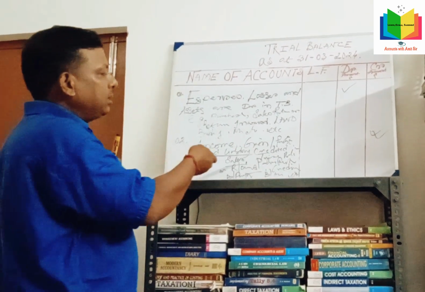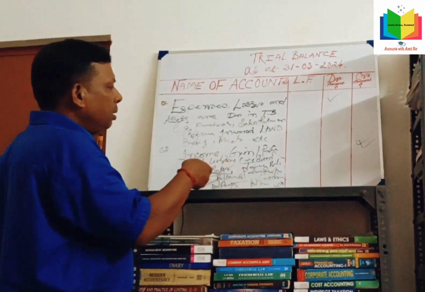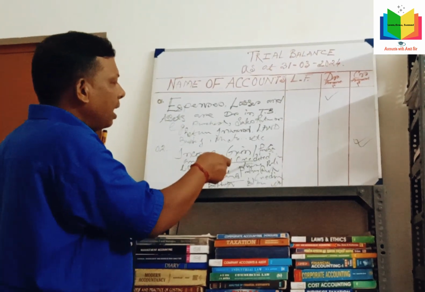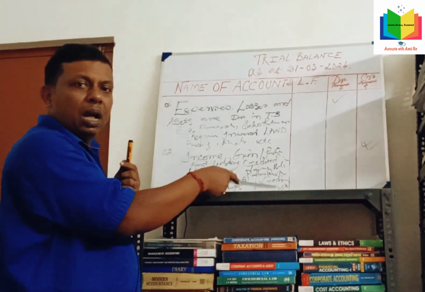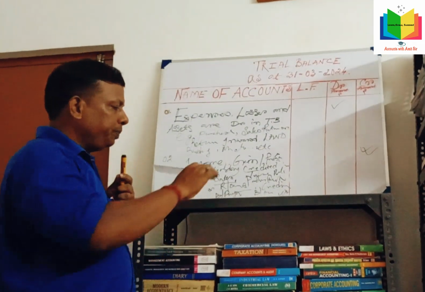Example, sales, purchase return or return outward, and liability: creditors, bills payable, bank overdraft, outstanding expenses, etc. are credited in trial balance.